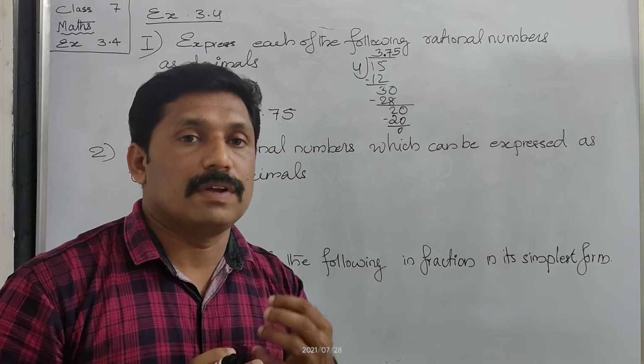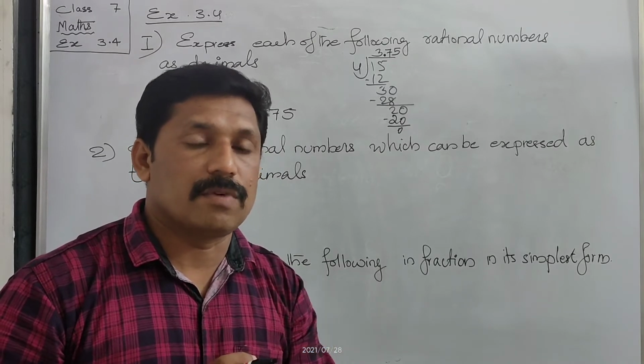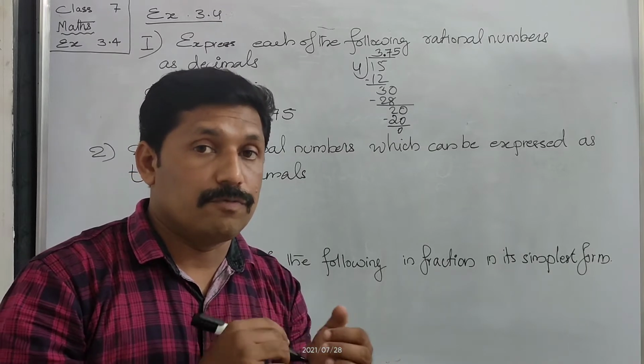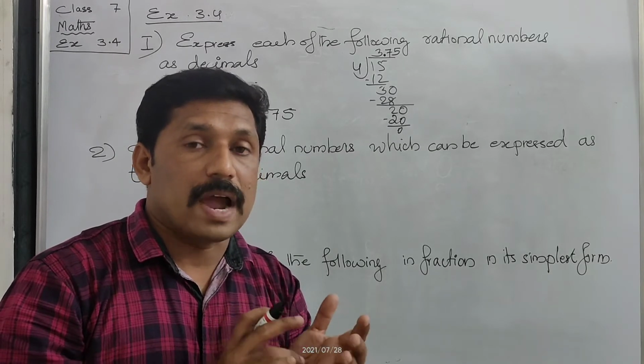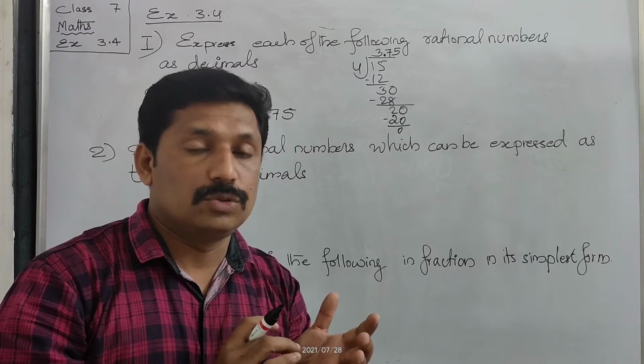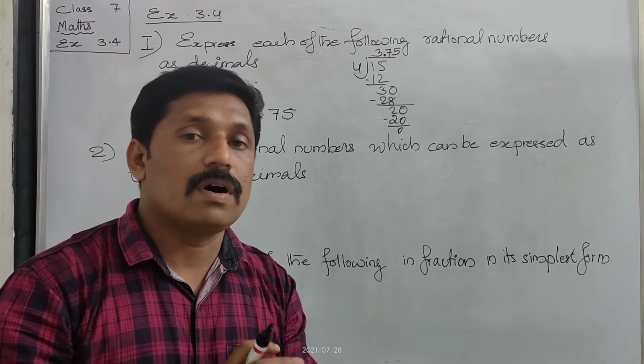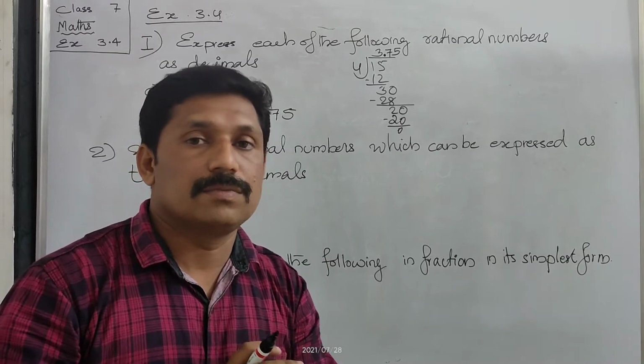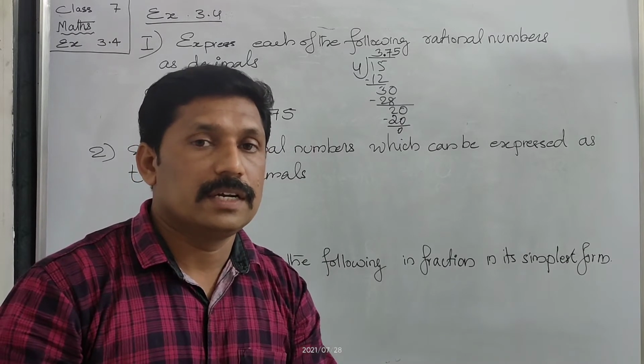What's the condition? If you factorize the denominator, its factors include 2 or 5 or both 2 and 5. Then such rational numbers we can express as terminating decimals.